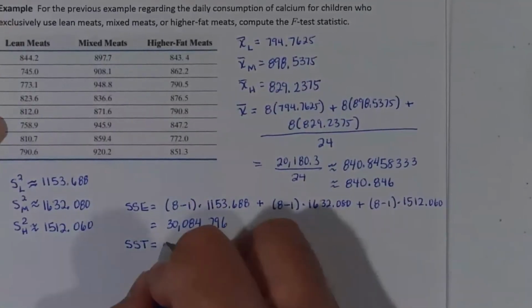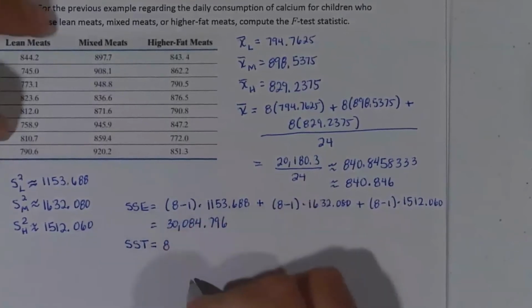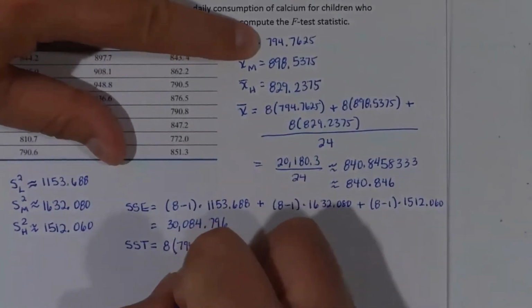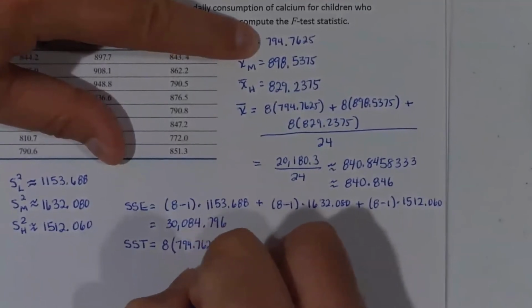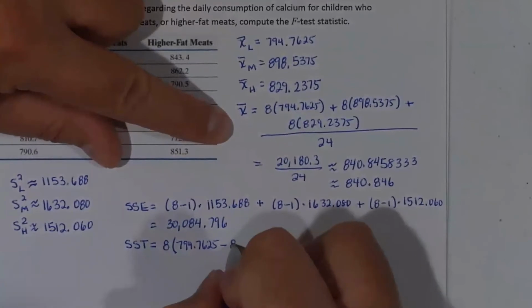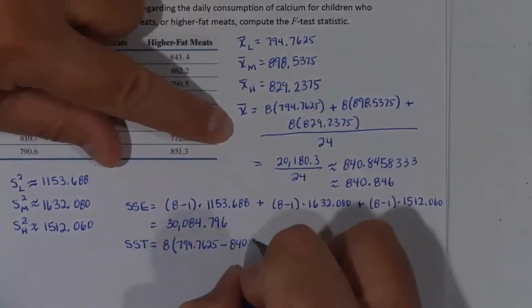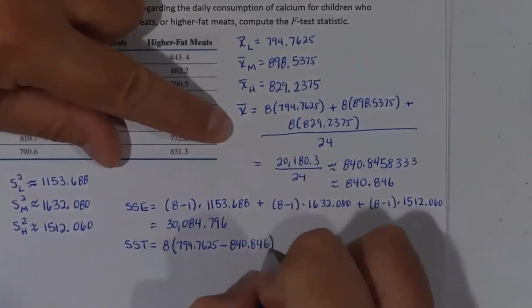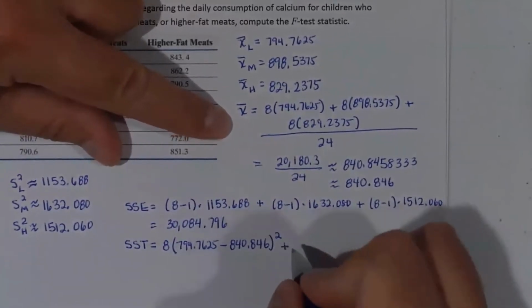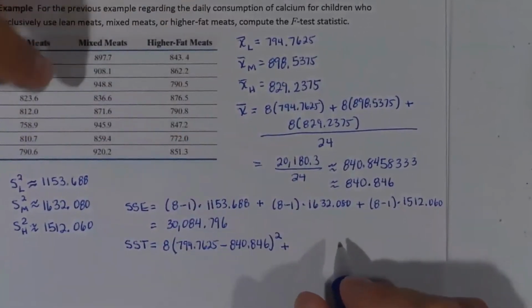So for the first group, the sample size is 8. The mean for that group is 794.7625. The overall mean was 840.846, and I'm going to square that. Plus the same for the second group.